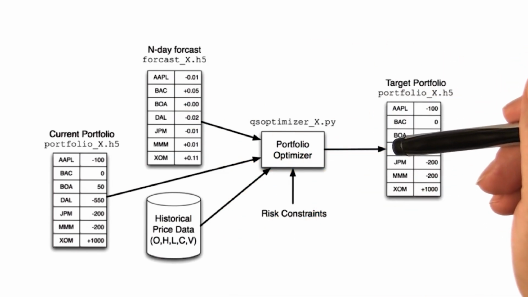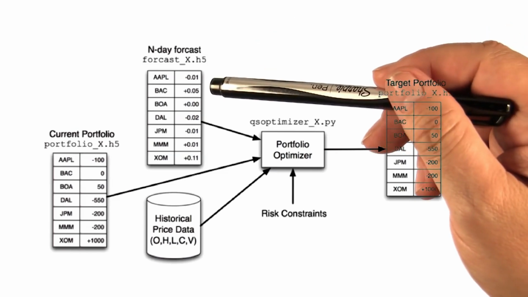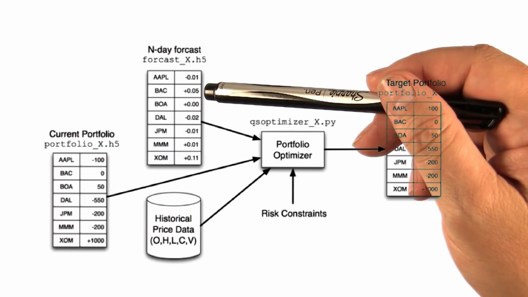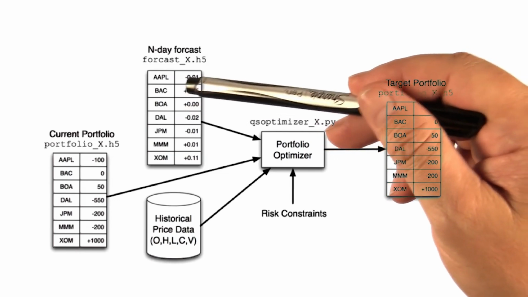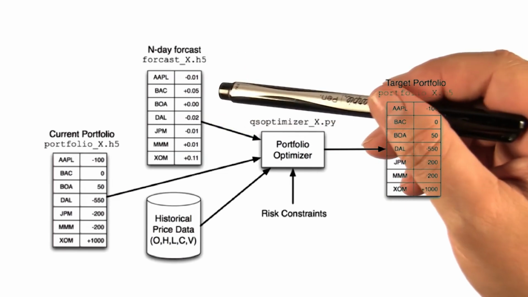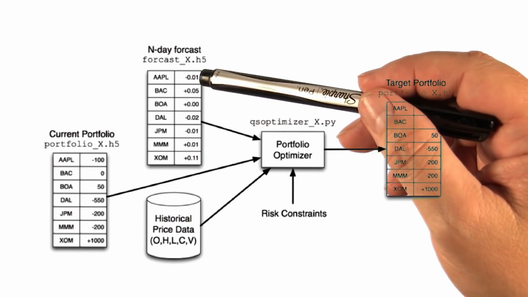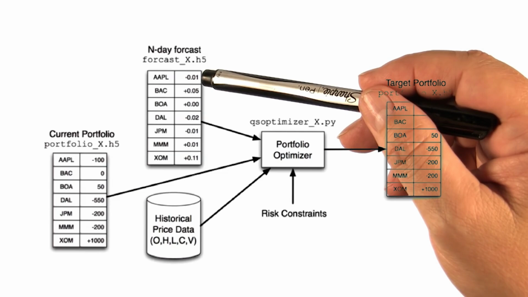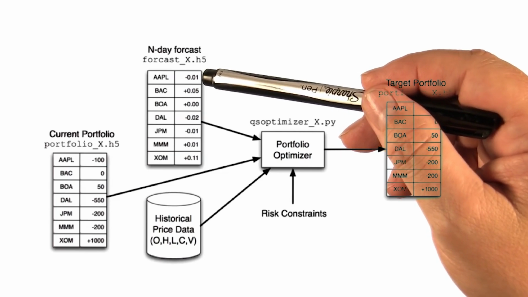In other words, if we're forecasting that BAC is going to go up, this might represent that we think it's going to go up 5%, we might want to increase our holdings in that. If we think that Apple, for instance, is going to go down, we might want to decrease our holdings.